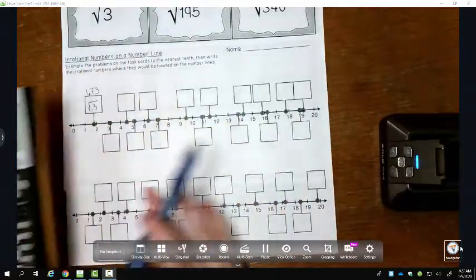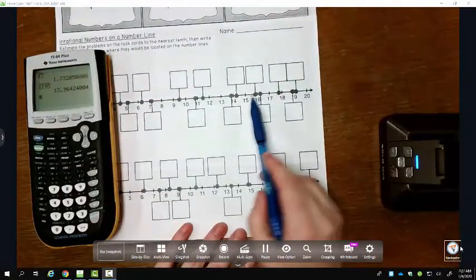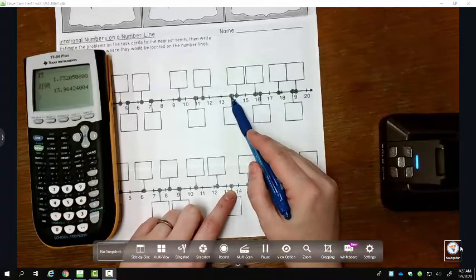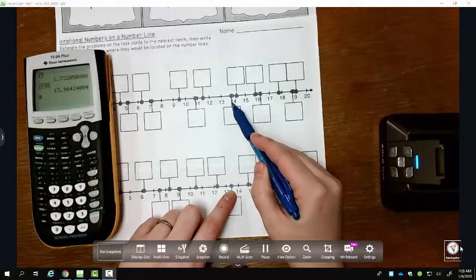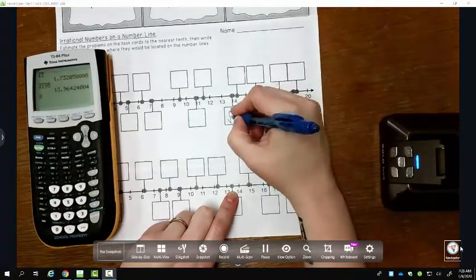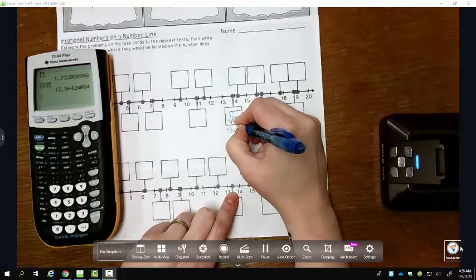So you need to find your two choices that you have between 13 and 14. Here's 13 and 14. This one's closer to 13, so it's probably not it. This one is really, really close to 14. So you put your square root inside and your decimal approximate outside.